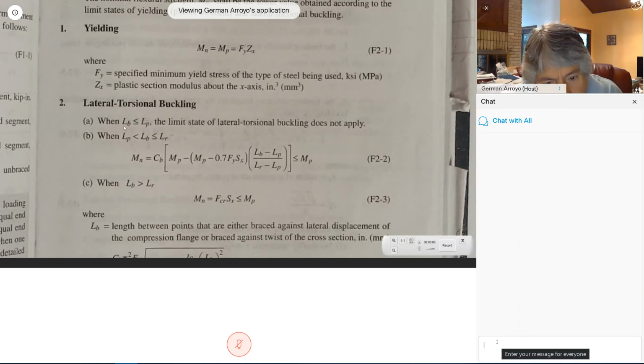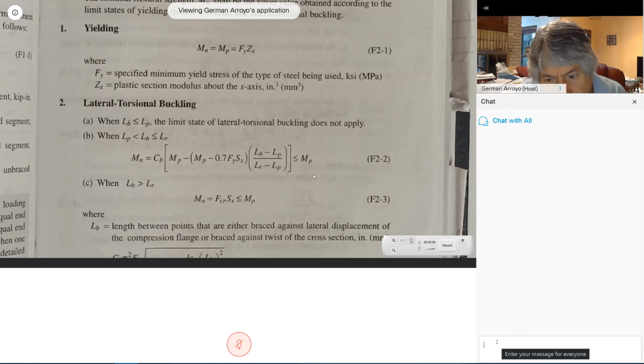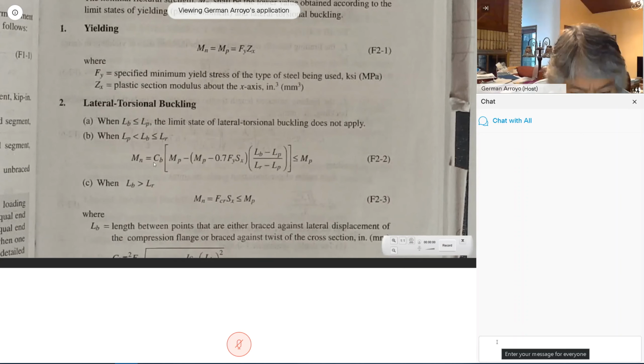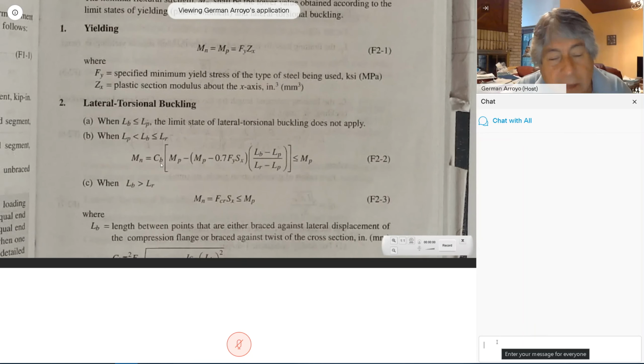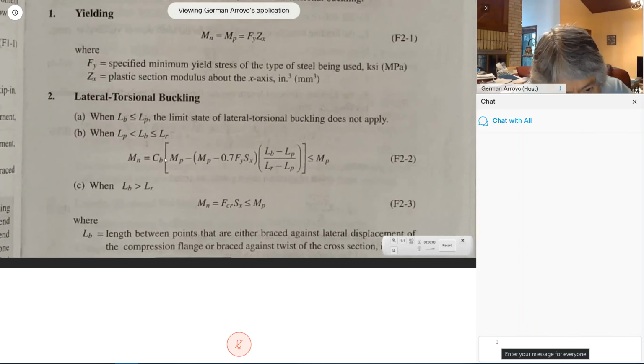This C sub b is what I mentioned before, called the lateral torsional buckling constant, but in the past, it used to be called the moment gradient, because it depends on the shape of the moment diagram. From this value of the plastic moment, we have to subtract another value.